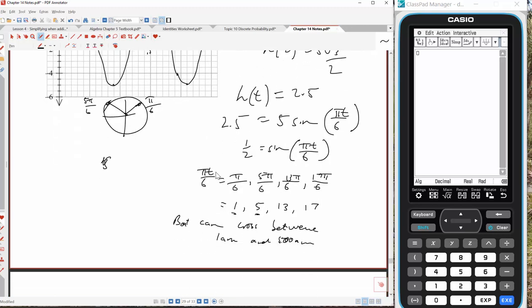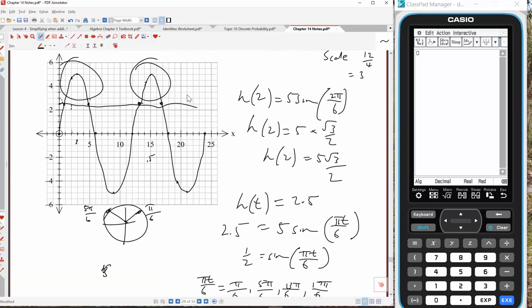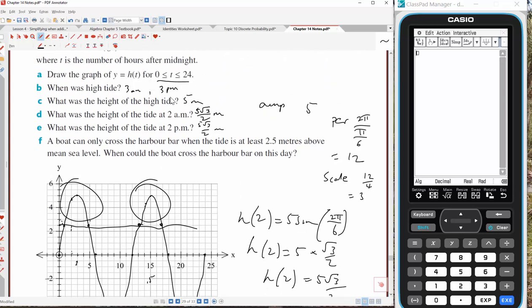And the other time it can happen is 13, so that's 1 p.m. and 5 p.m. So there it is, done all by hand.